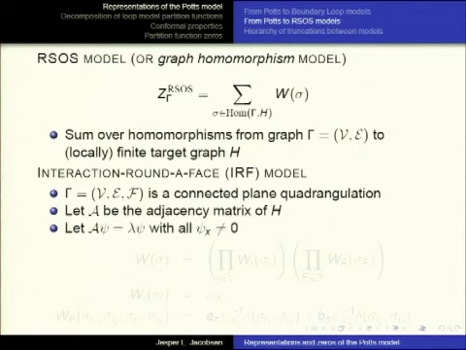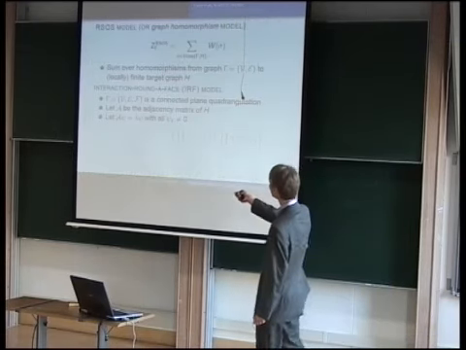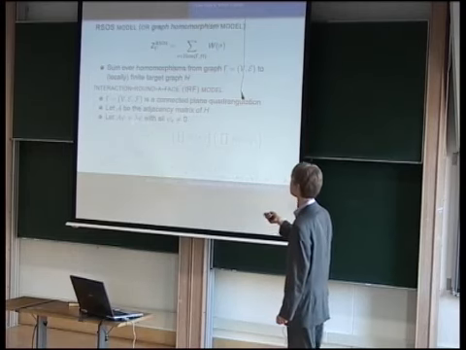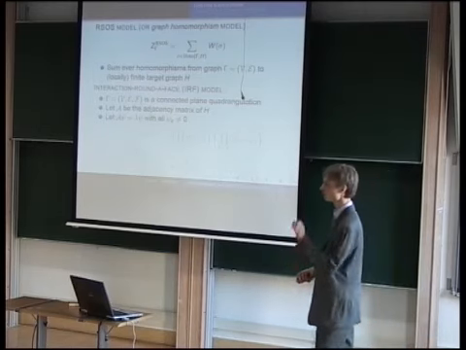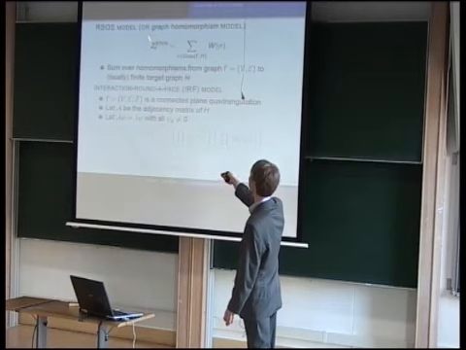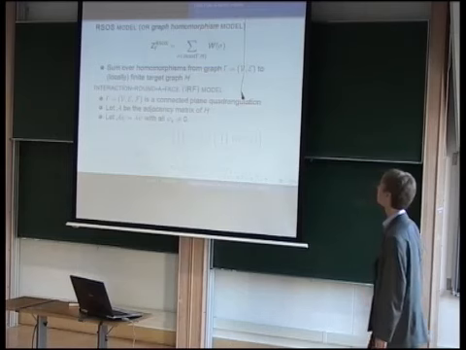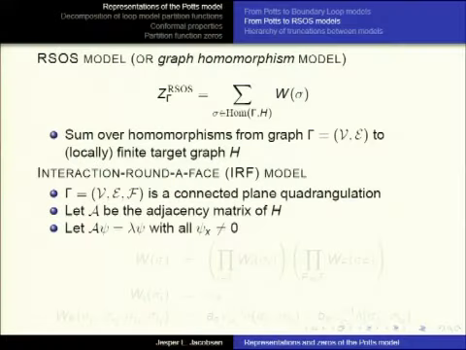It's actually the dual of the medial graph. And it's easy to see that that would be a connected plane quadrangulation. As far as the target graph goes, I shall need its adjacency matrix, which I'll call A. And I want to define some weights in this partition function here. And those weights are going to be given in terms of an eigenvector of the adjacency matrix.